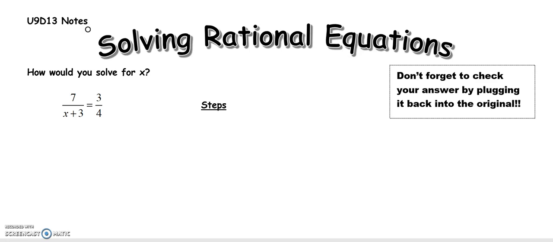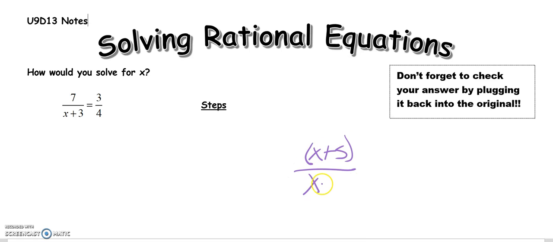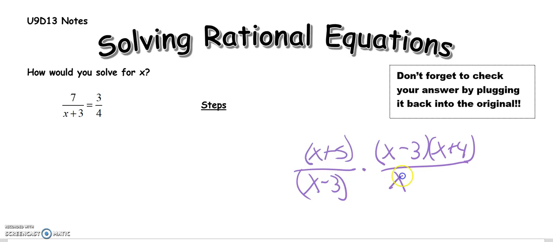So a little recap of what we've been doing before this. We've been doing problems where you're taking something along the lines of x plus 5 over x minus 3, and multiplying it by x plus 4 over x plus 5.